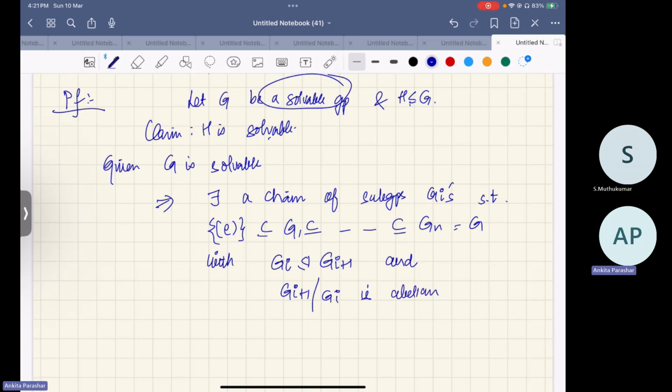This has to be true for all i. Now I think with the examples, the theory is clear.